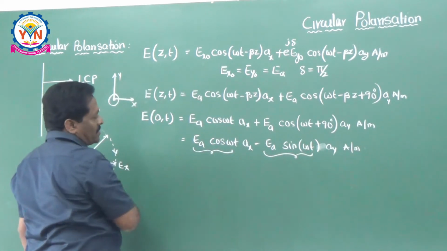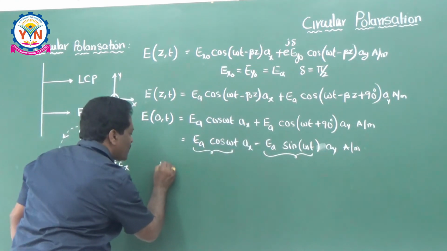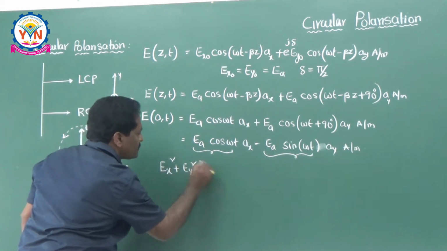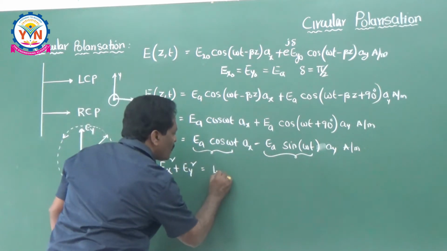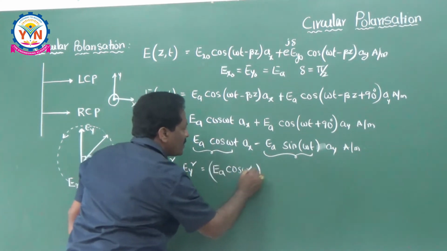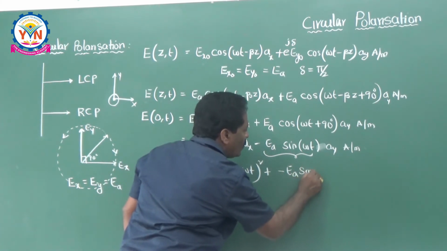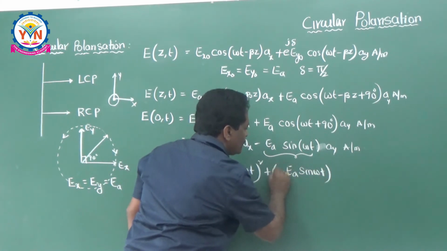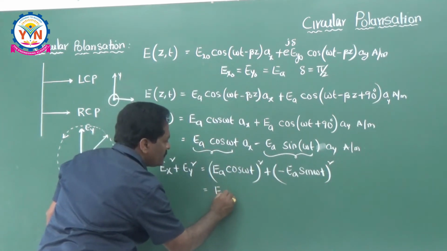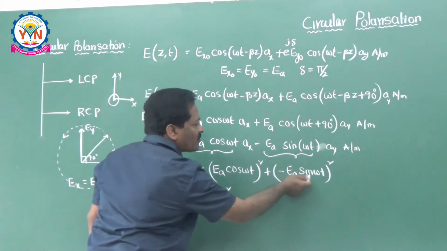Now if you take the locus of this, it becomes Ex square plus Ey square equal to Ea cos omega t whole square plus minus Ea sin omega t whole square. And you know this is Ea square cos square omega t plus Ea square sin square omega t.